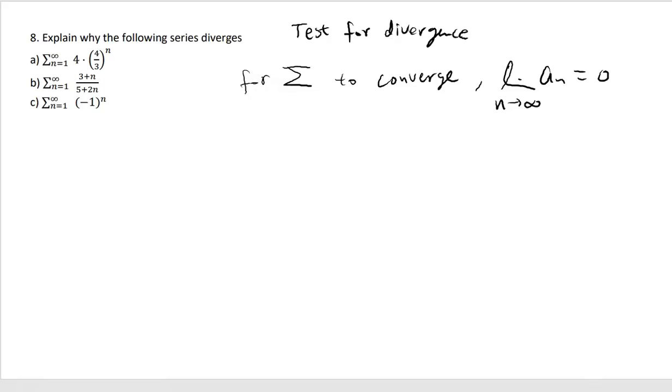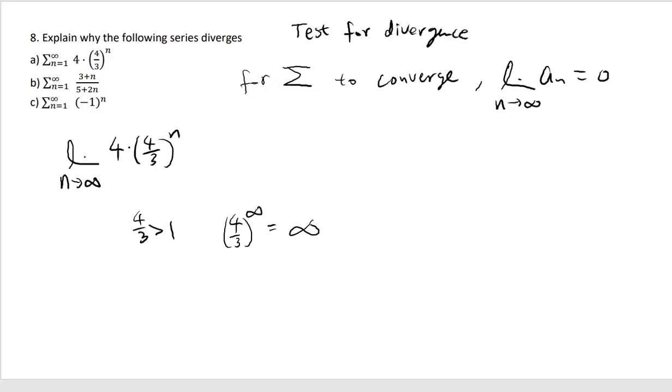Okay, so let's see. We have this summation. We have to see the limit as n goes to infinity of this sequence, whether this does go to 0. Well, it doesn't, since 4 over 3 is bigger than 1, so 4 over 3 to the infinity will be just multiplying something that's bigger than 1 over and over again, so that's going to be infinity.